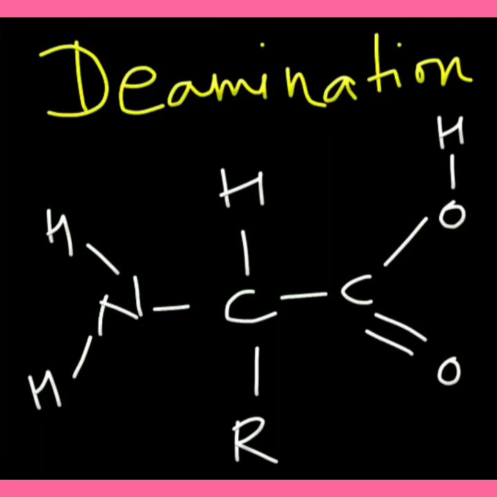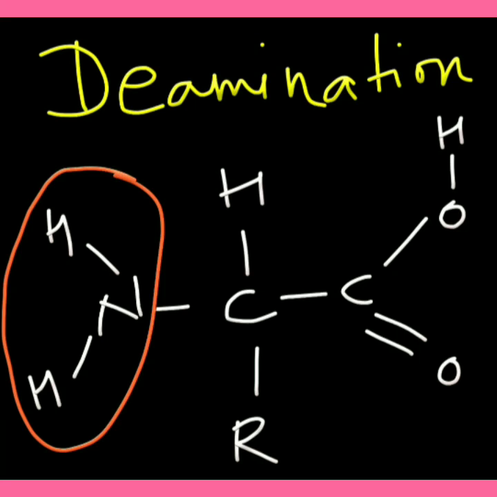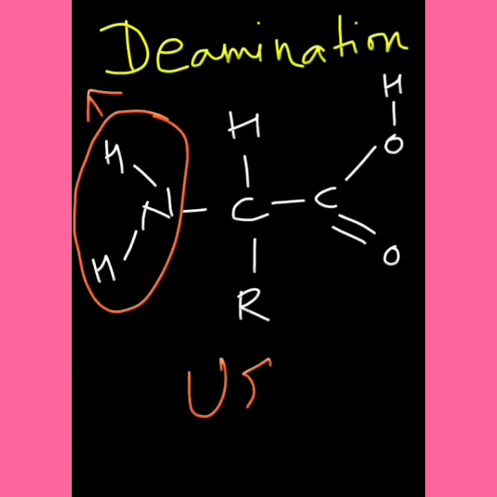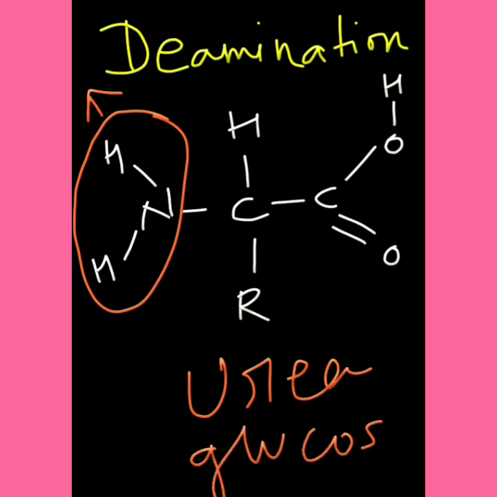And in deamination, the nitrogen containing amino group is removed, converted into urea for excretion, and the remaining part forms glucose, which can be utilized.